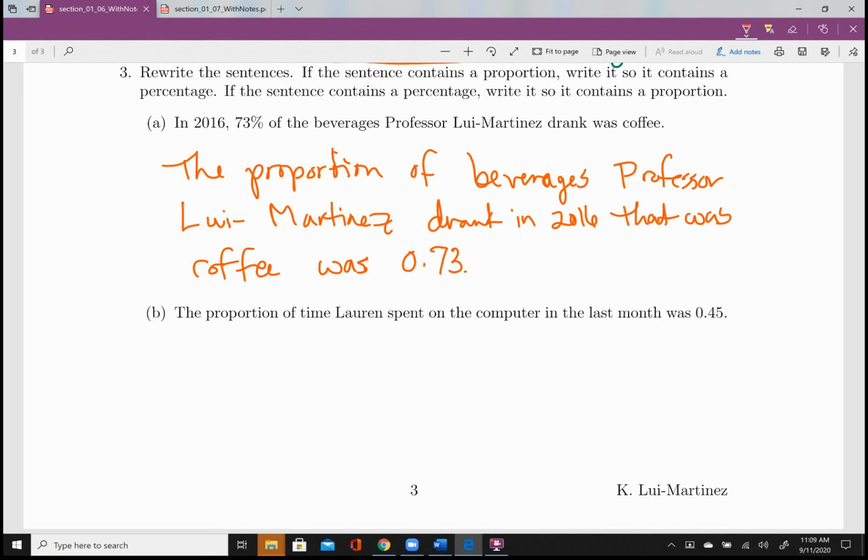We're going to move the decimal place over 2 spots to the right and slap a percent symbol on the end of it, calling 0.45 45%. That's the equivalent. So I'll say Lauren spent 45% of her time last month on the computer.